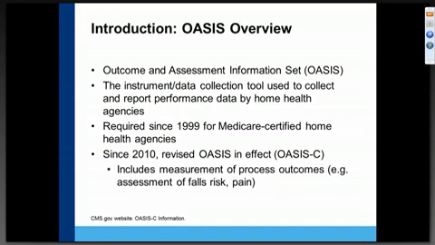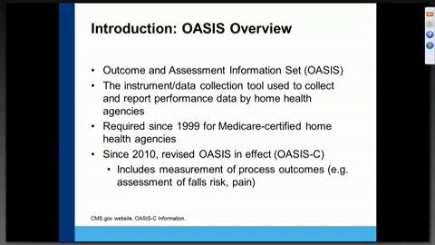Oh, skipped ahead. Okay, so in terms of introduction, you're all familiar with Oasis, which is the acronym for Outcome and Assessment Information Set. We've used this instrument and data collection tool since 1999 for Medicare certified home health agencies.